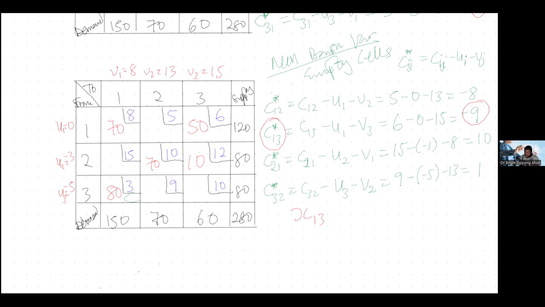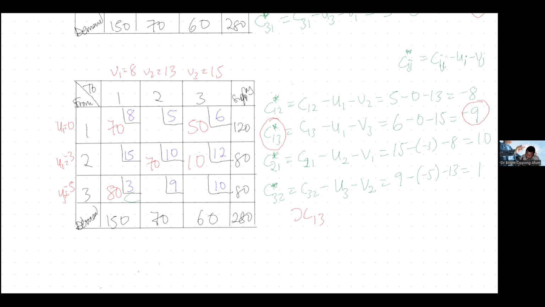Okay, so what then do we do? We have to go back and check all the occupied cells, and calculate the new Uis and the new Vis. Use that to check the optimality of the tableau by evaluating each empty cell. Then if we don't have any negative value, we'll say that the solution is optimal. If we do, then we'll continue our iteration. So let's go back and recalculate the Uis again.